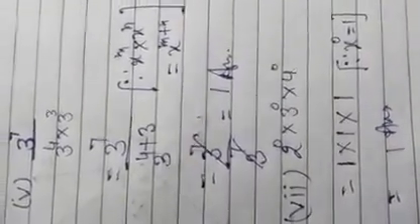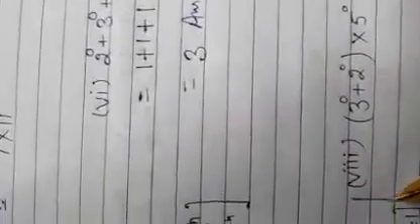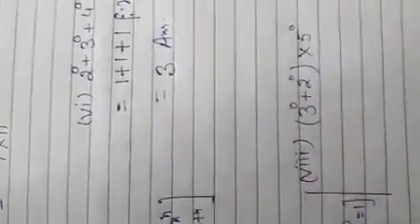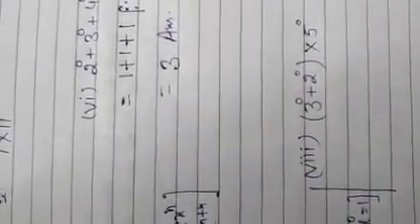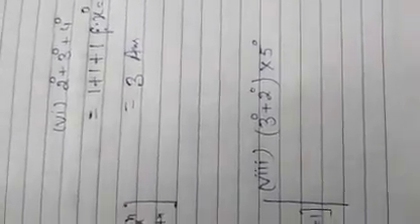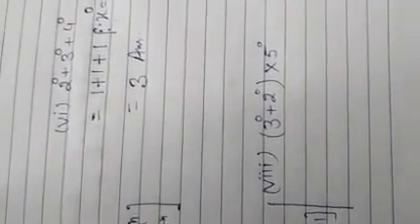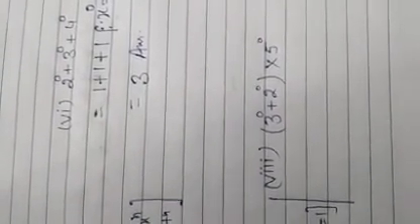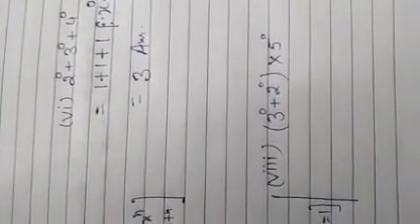Now move to the next question. Student, in this question again you have 3 raised to the power 0 plus 2 raised to the power 0 multiply 5 raised to the power 0. Again everywhere power 0 is there. So what identity are you going to use? x raised to the power 0 is equal to 1.